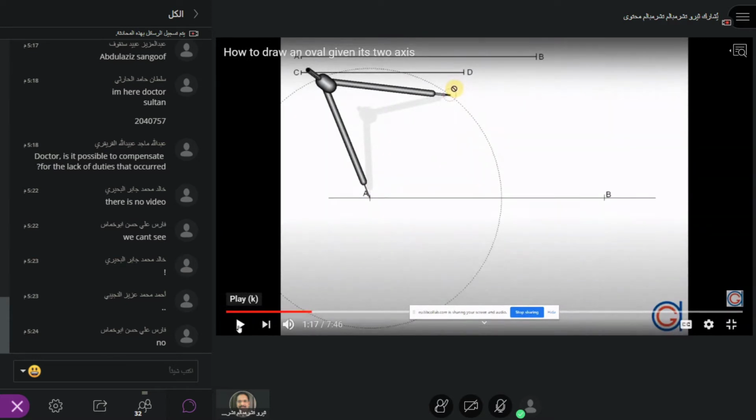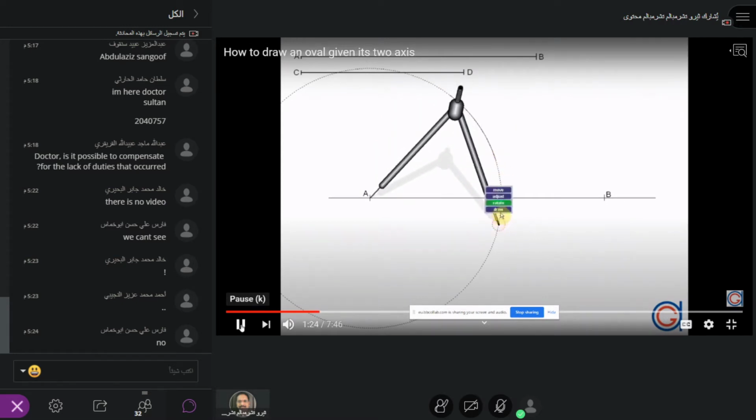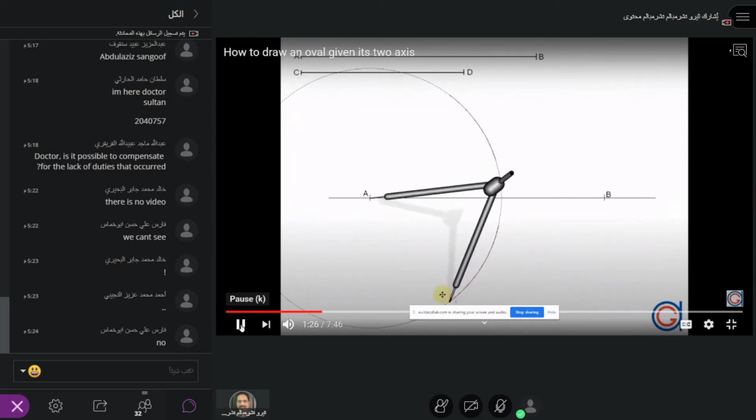You remember that last time I mentioned how to draw a bisection of this line. So take more than half of AB and draw the two arcs that cut each other on the top and bottom and join them in order to bisect the line. To draw this perpendicular bisector, firstly we must draw two arcs centered on both ends of our axis AB, as can be seen here in the video.